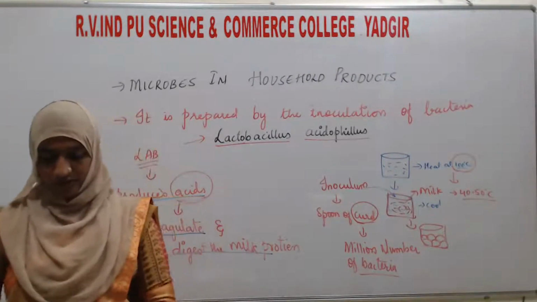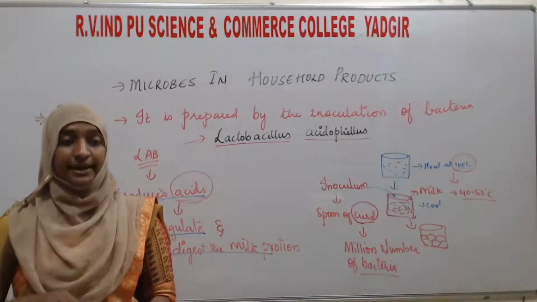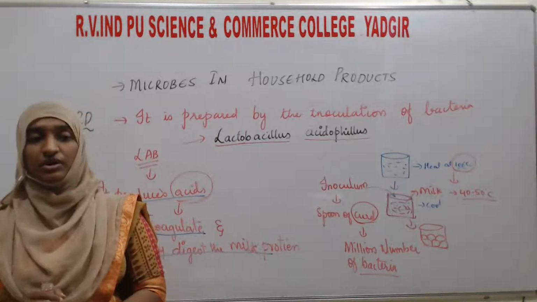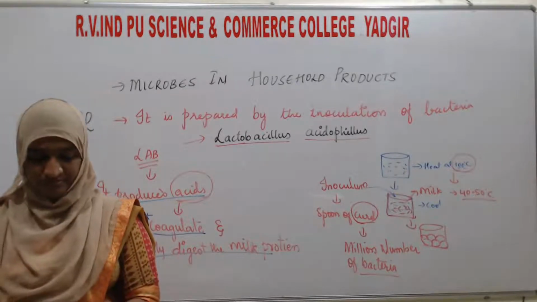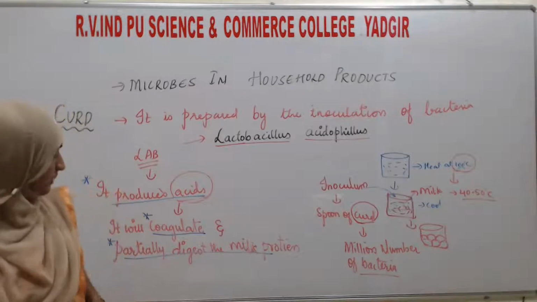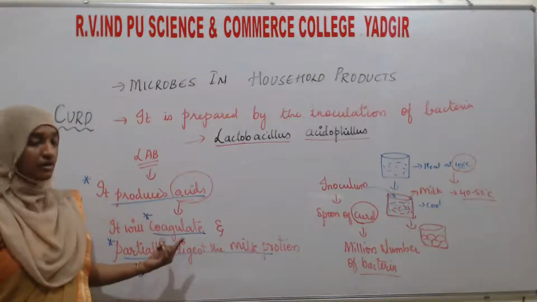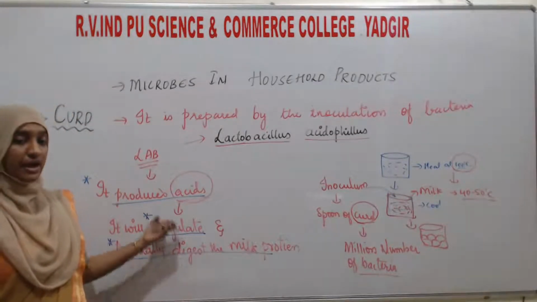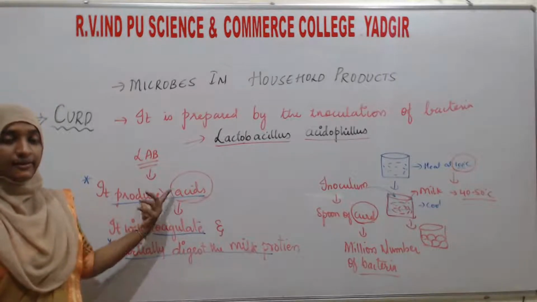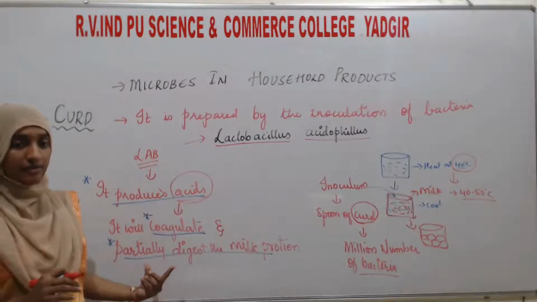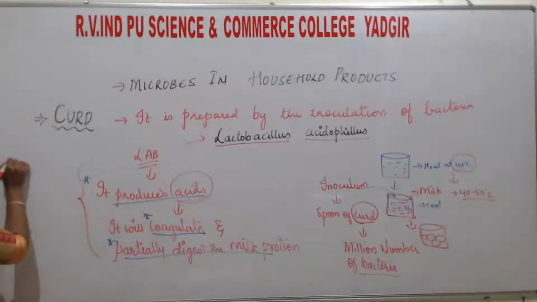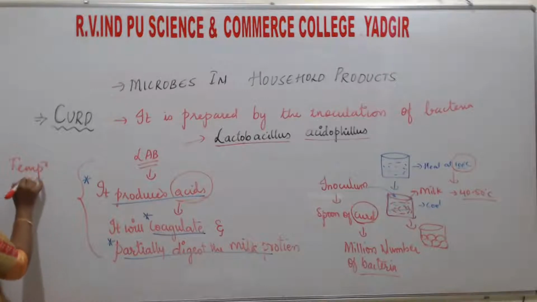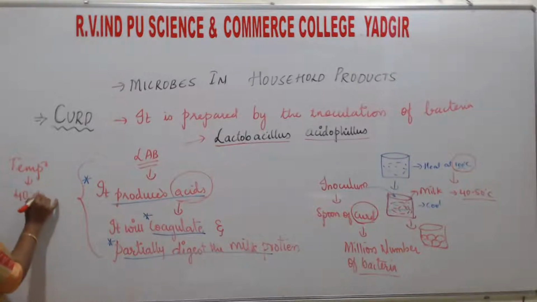And what is the temperature maintained in the preparation of curd? For the coagulation, digestion of the milk protein, and production of the acids, all these things to be done, the temperature should be at 40 to 50 degrees Celsius.